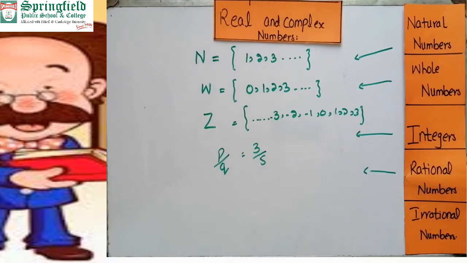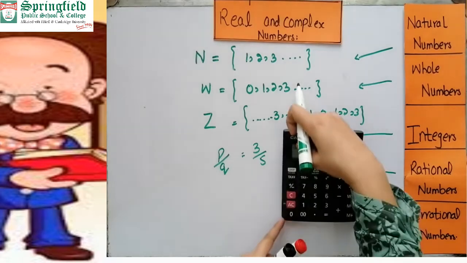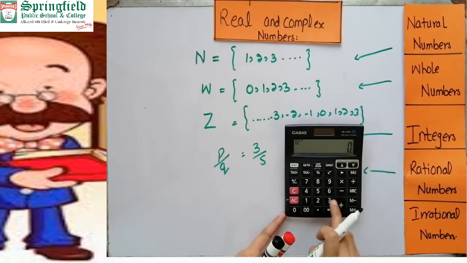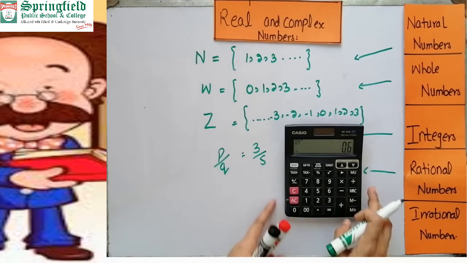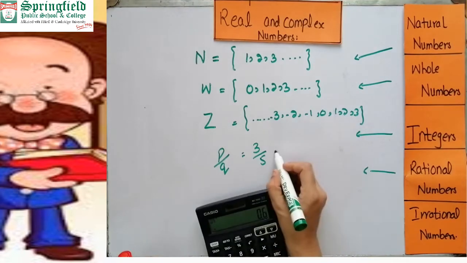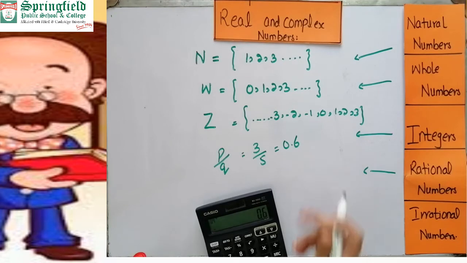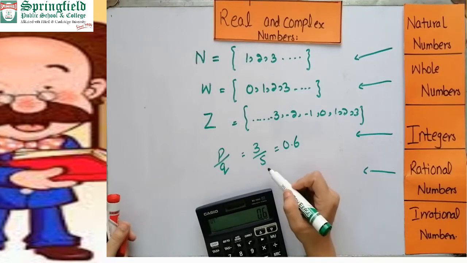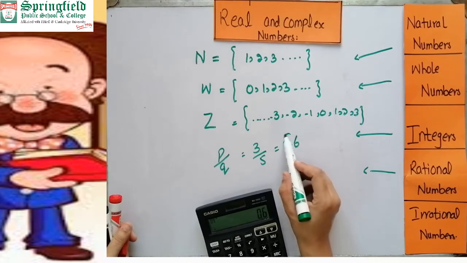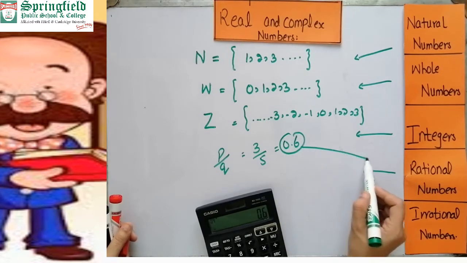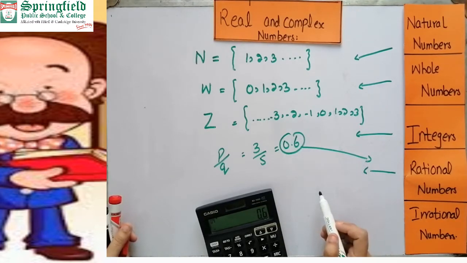When we solve 3 by 5 on the calculator, it gives 0.6. It means 3 by 5 terminates. So this number is called a rational number.